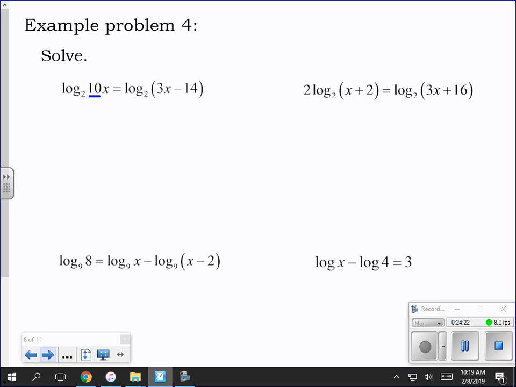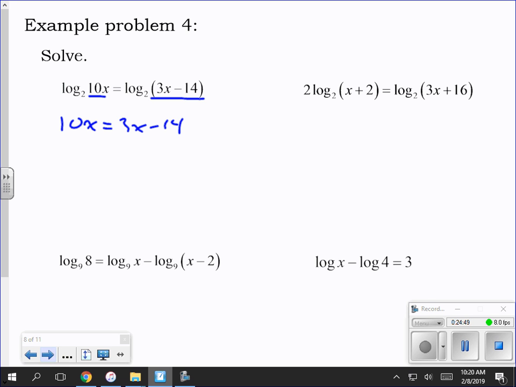If the logarithms of two things are equal, and it's the same log base, that means those two objects I'm taking the logs of have to be the same. That means 10x equals 3x minus 14.